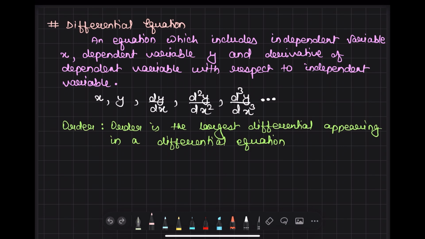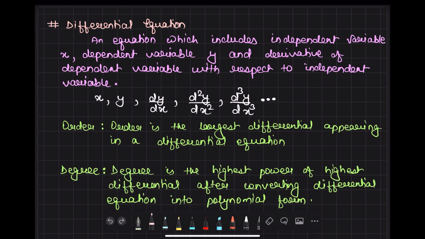The highest power of x defined the degree. Here, also, the highest differential defines the order, meaning how many times you have differentiated the given function. So if the maximum is 3, it means you have differentiated 3 times, so the highest differential is 3, and that will define the order.